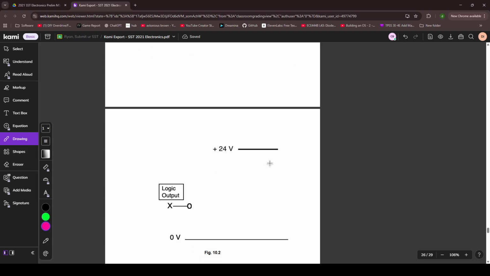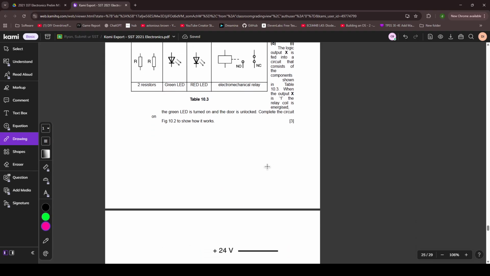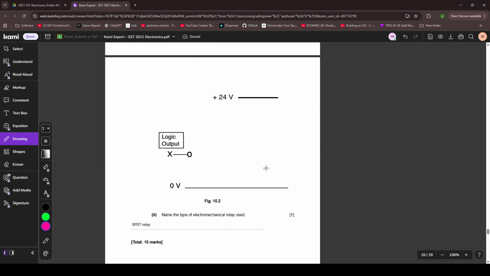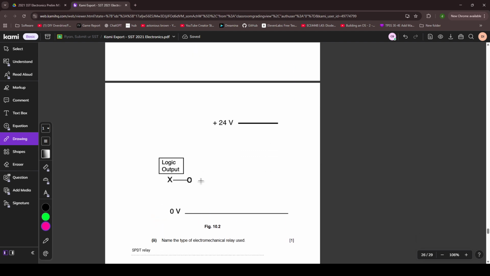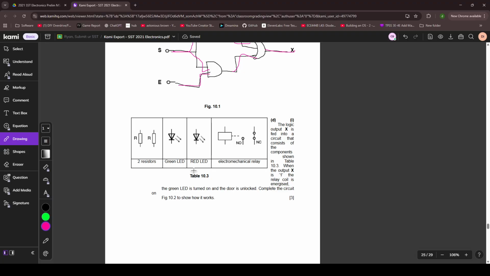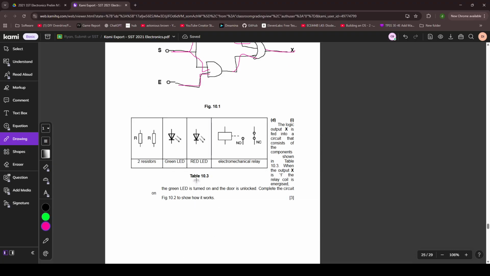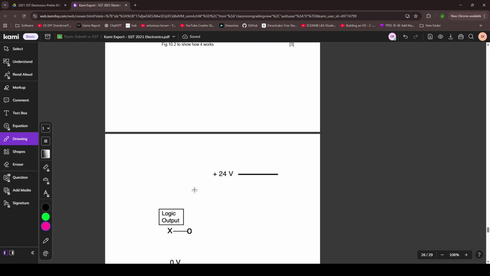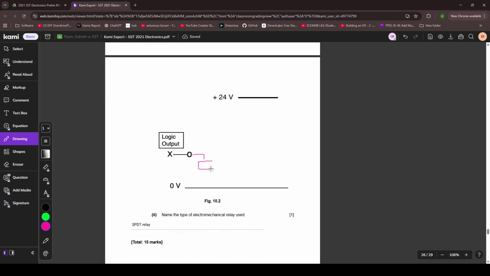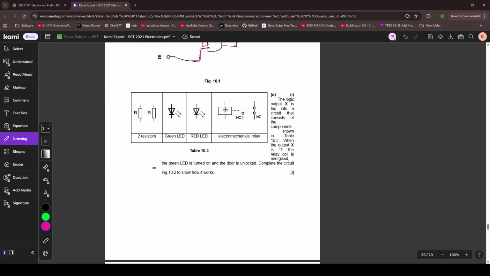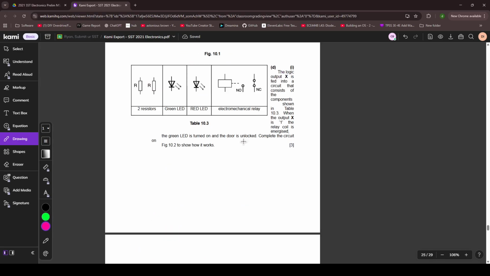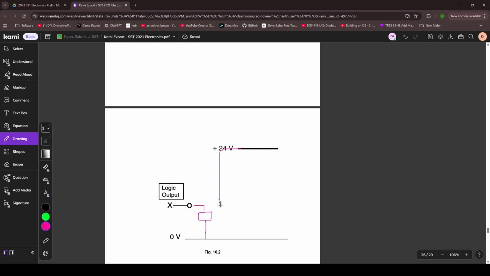Okay, anyway. Complete the circuit on 10.2 to show how it works. Logic output X, okay. I'm gonna, yeah, it's probably just like this. Okay, whoa, what am I doing?